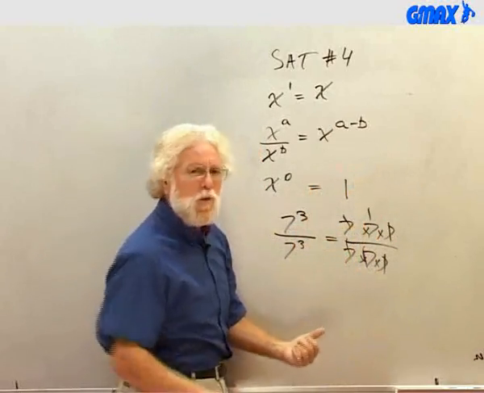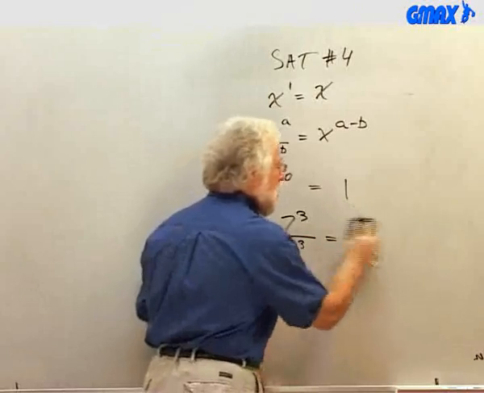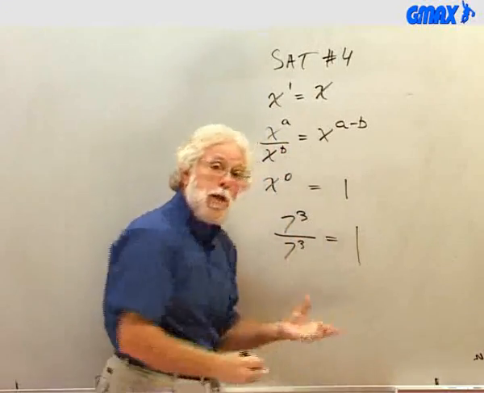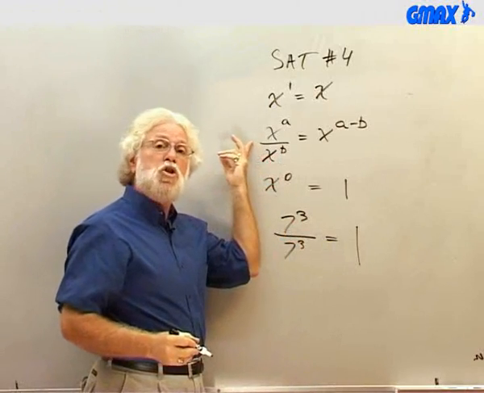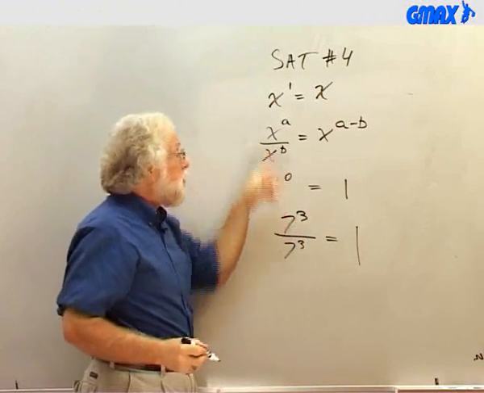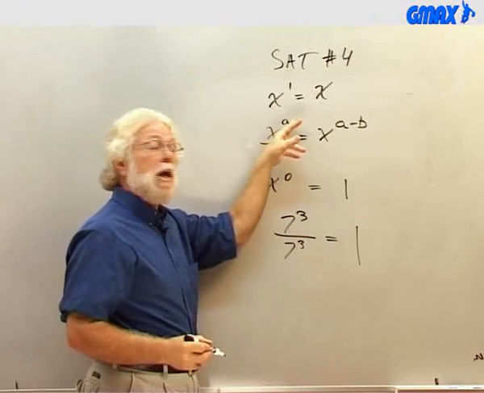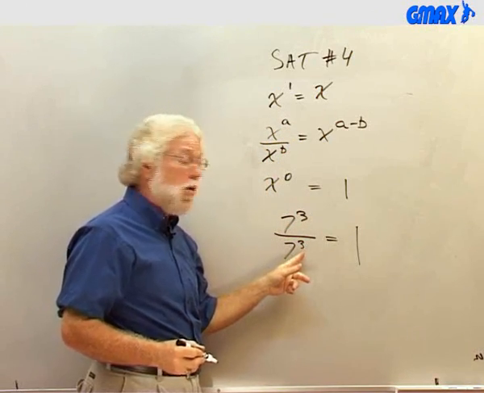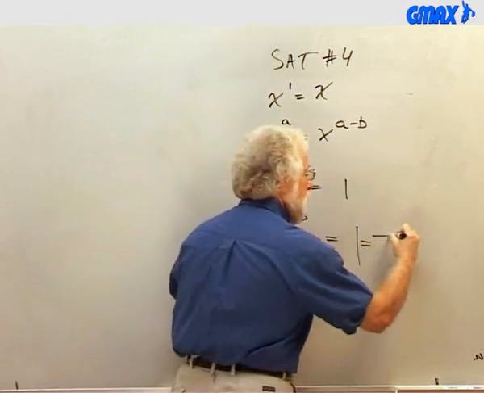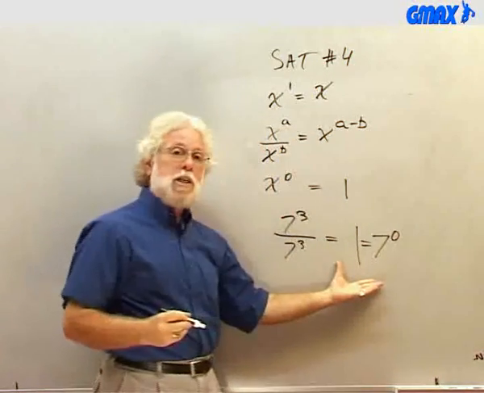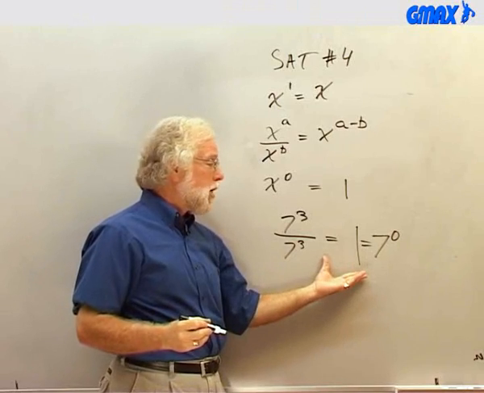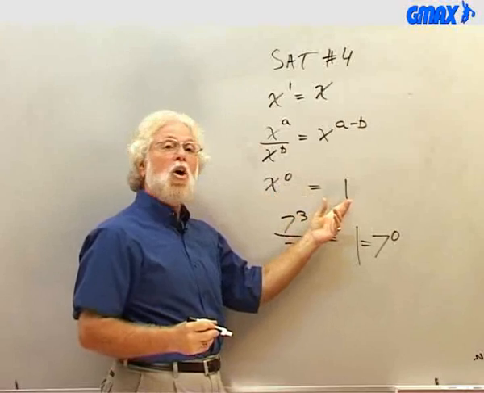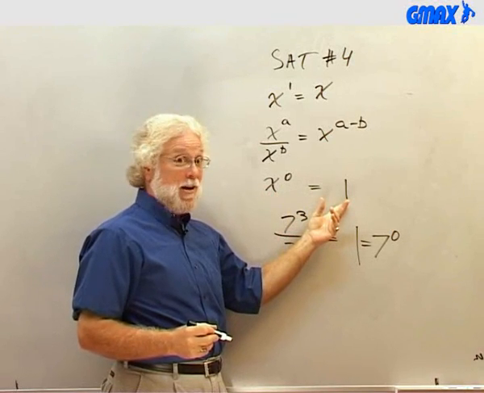We knew it was going to be equal to 1. Didn't have to do that. Anything divided by itself is always 1. But what does this tell you? What's the shorthand form? If the bases are the same, it's going to be a minus b. 3 minus 3 is 0. 7 to the 0 is equal to 1. And we can show that any number to the power 0 is always equal to 1. Pretty cool, huh?